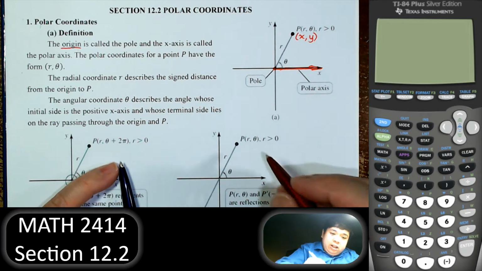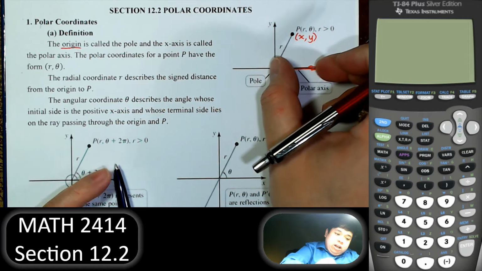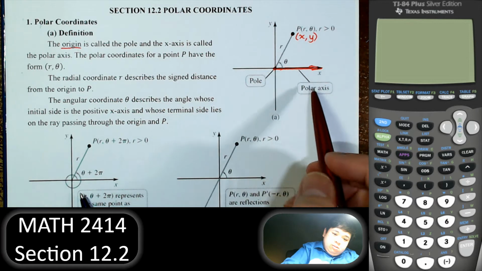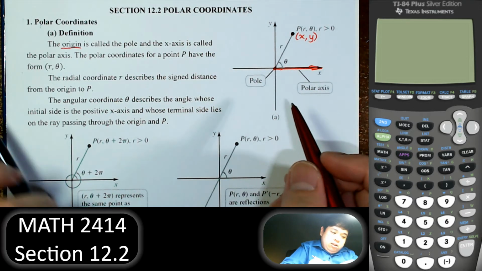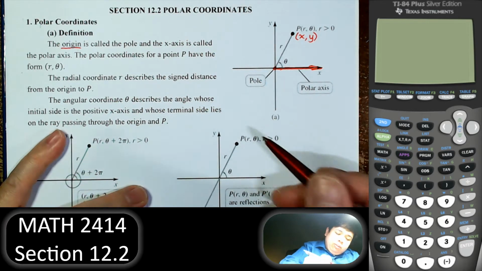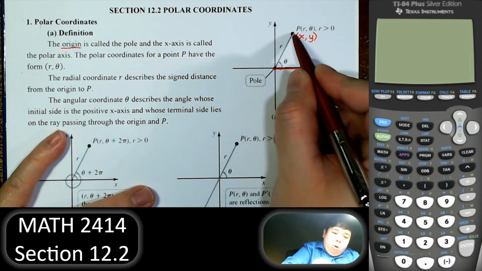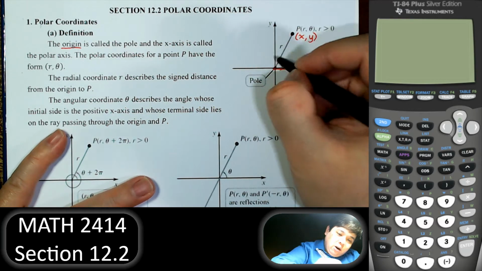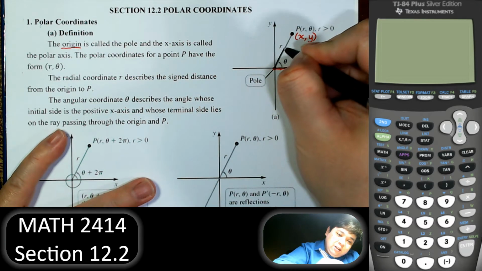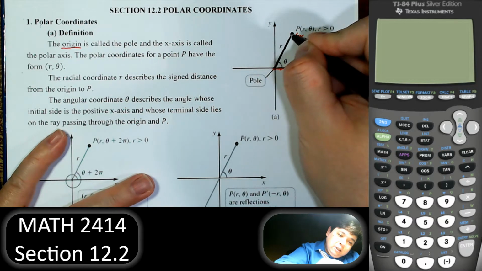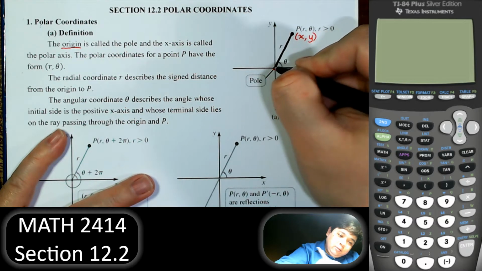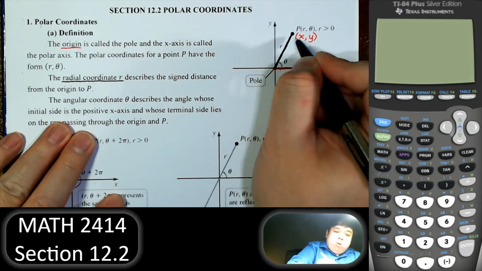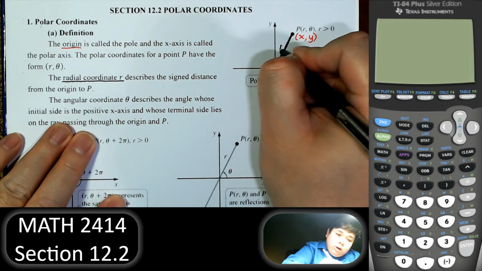And then from there, we have a ray, and we rotate that from the polar axis. So first, whatever the point is, we have the distance r, that is called the radial coordinate. So the distance from the origin to the point, we call that r.